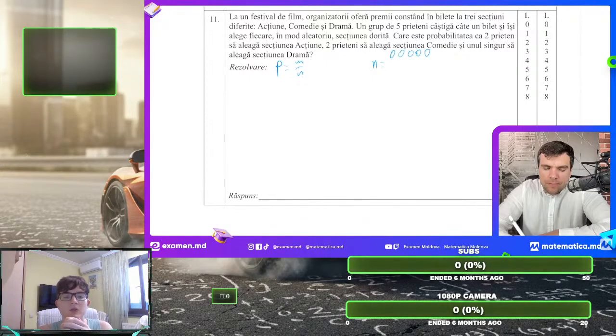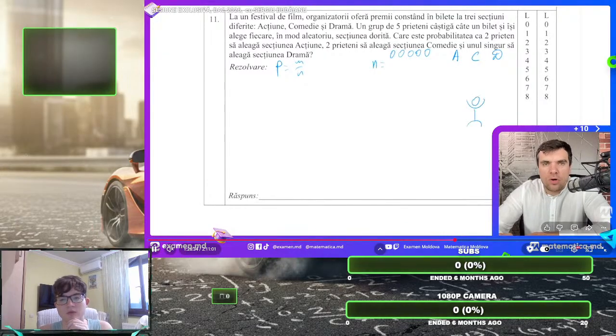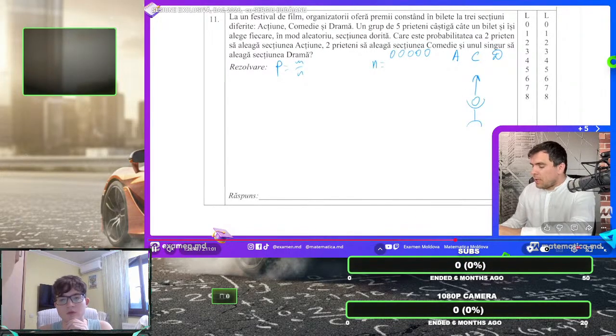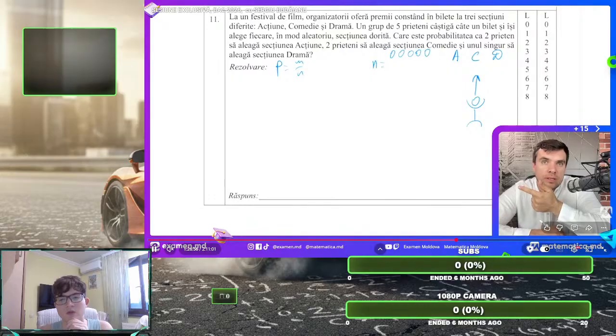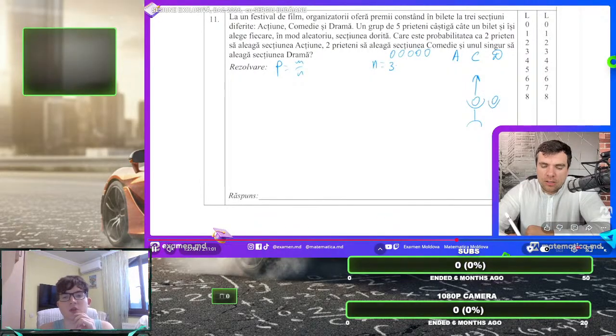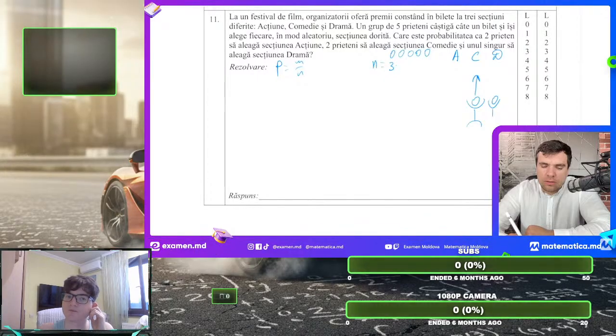If I try to understand by the circles, the first friend has 1 ticket and needs to decide between the 3 sections, so we've got 3 cases. Is it just 3, or 3 factorial?